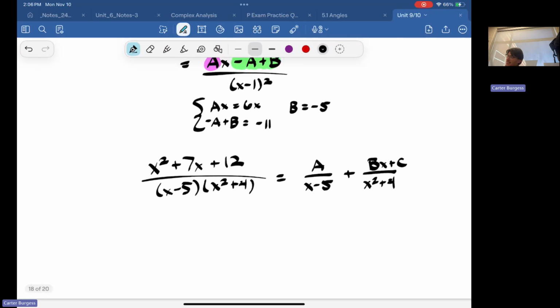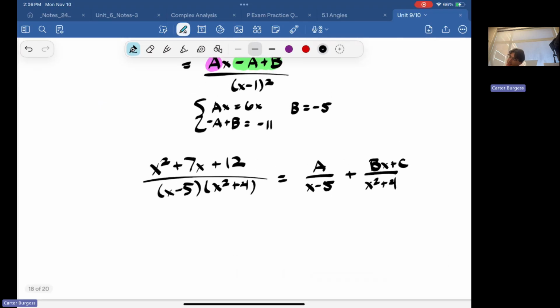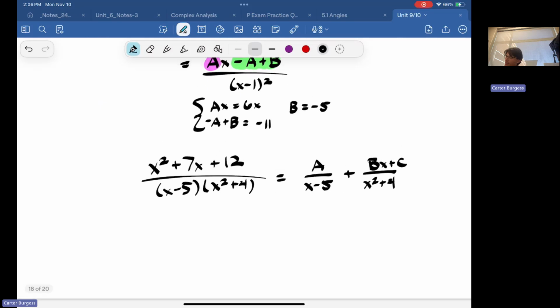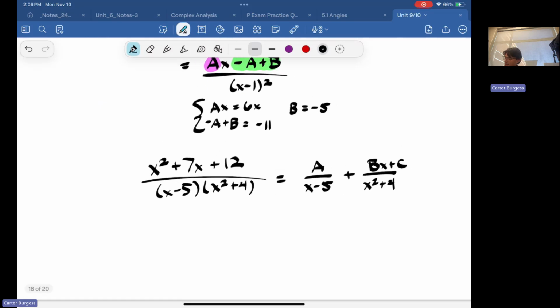So for instance, if I gave you something like x to the fourth plus 4, right? Something like this, which is an irreducible fourth degree, then you would have an ax cubed plus bx squared plus cx plus d.